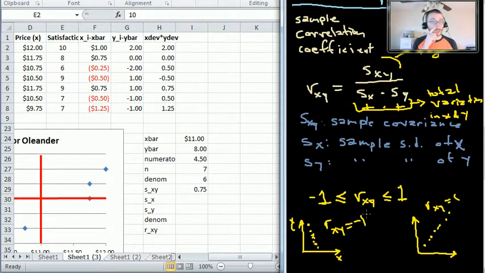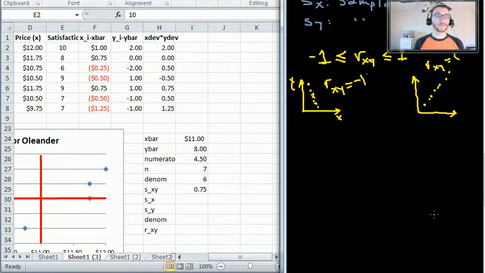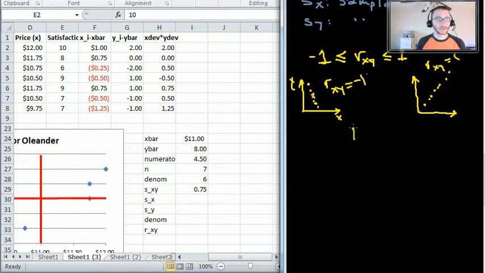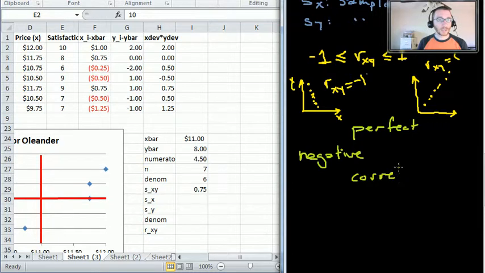And so those are the two extreme cases for a sample correlation coefficient. We have names for them. Both of these are perfect correlation, but on the left side we have perfect negative correlation, and on the other side we have perfect positive correlation.